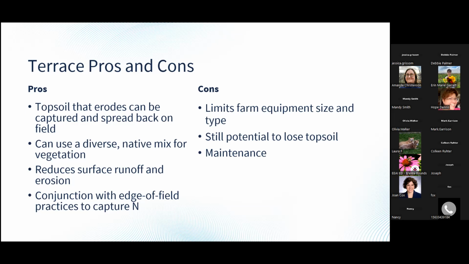You reduce surface runoff and erosion, and it can actually be used in conjunction with edge of field practices to capture nitrogen. Things that you want to consider if you're interested in terraces is that it could potentially limit the size of equipment that you use on your farm, as well as the type, depending on the spacing of these terraces. There is still a potential to lose topsoil, and there is some maintenance involved.